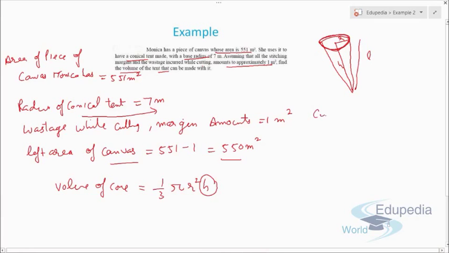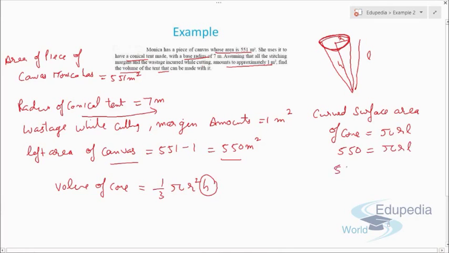So it's only the curved surface area, right? So we can say that the curved surface area of cone will be equal to pi rL, right? And this is what? 550. So we can put 550 equals pi rL.